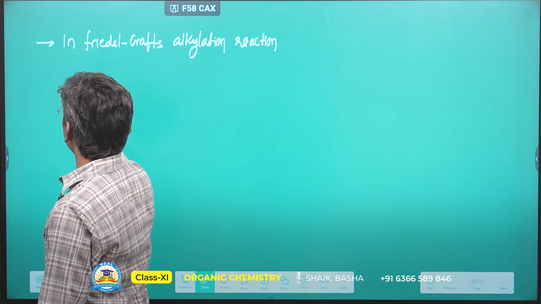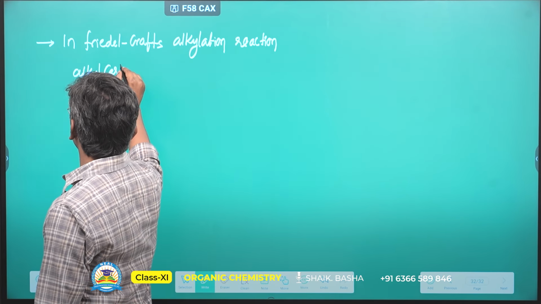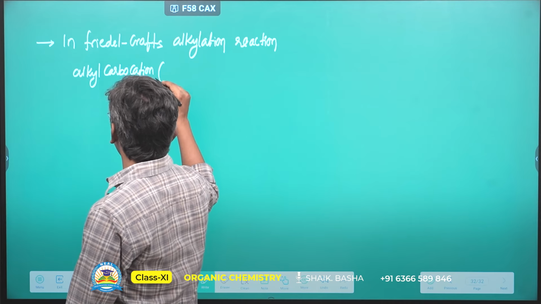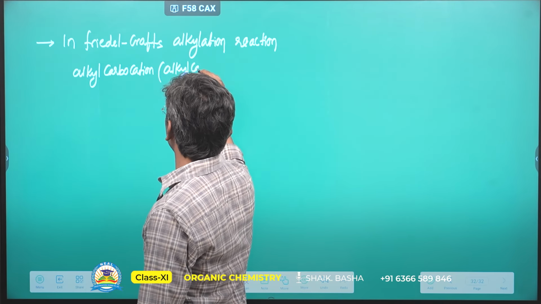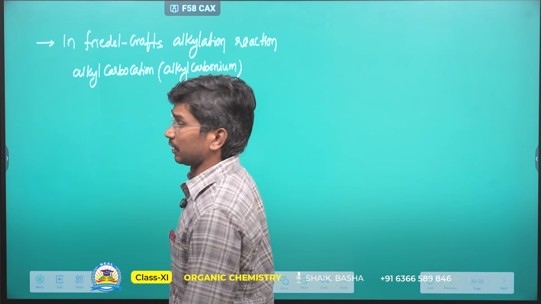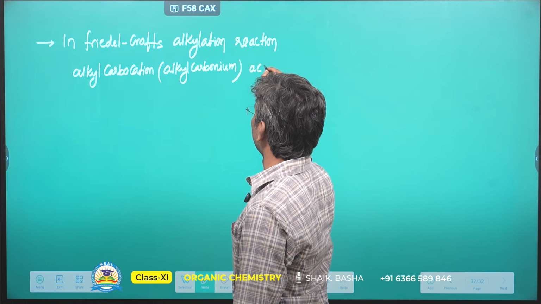Alkyl carbocation or alkyl carbonium ion. You can call it anything. It acts as the electrophile.